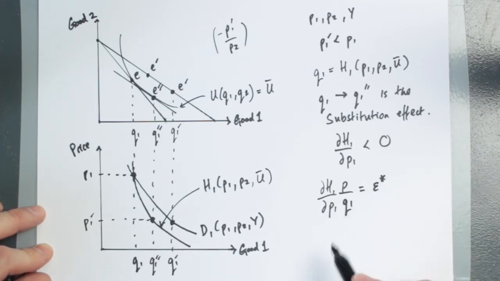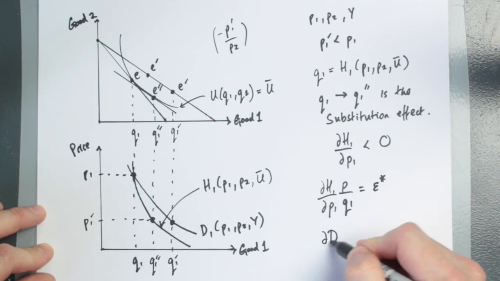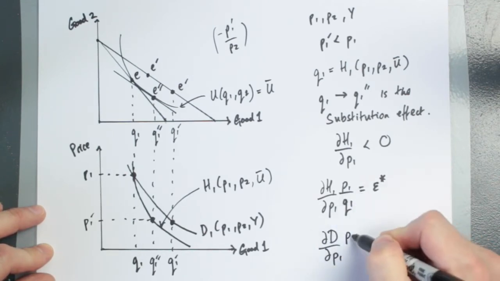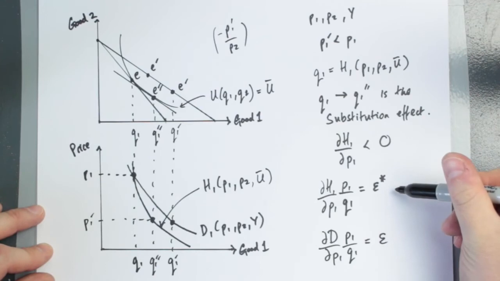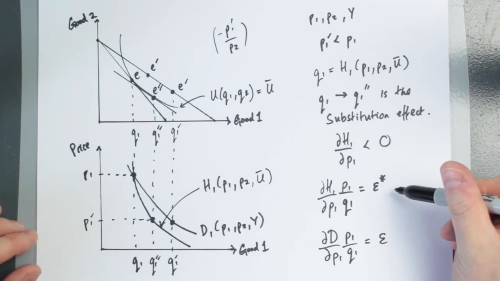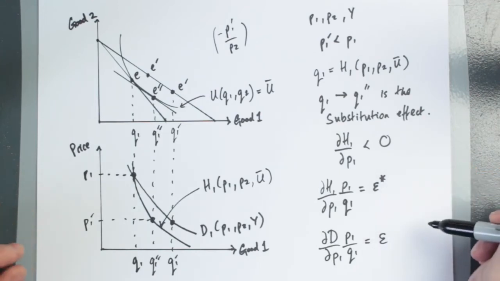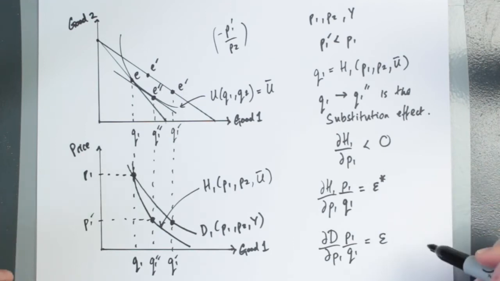The elasticity of Marshallian demand we denoted epsilon, and we're going to denote the elasticity of the Hicksian demand function as epsilon star. So we'll see that at the end of the lecture.